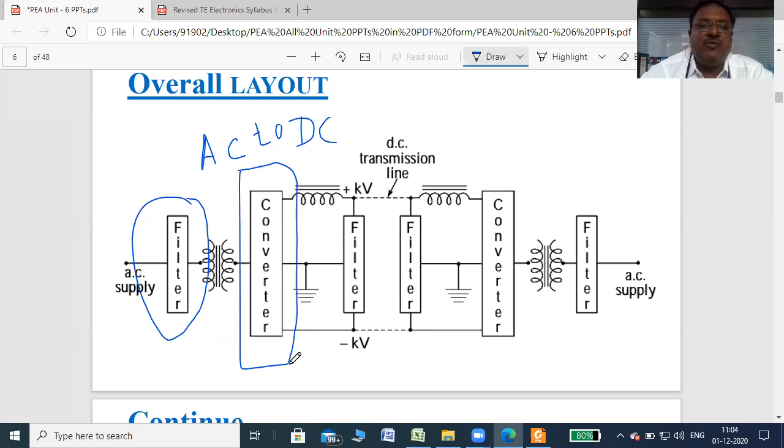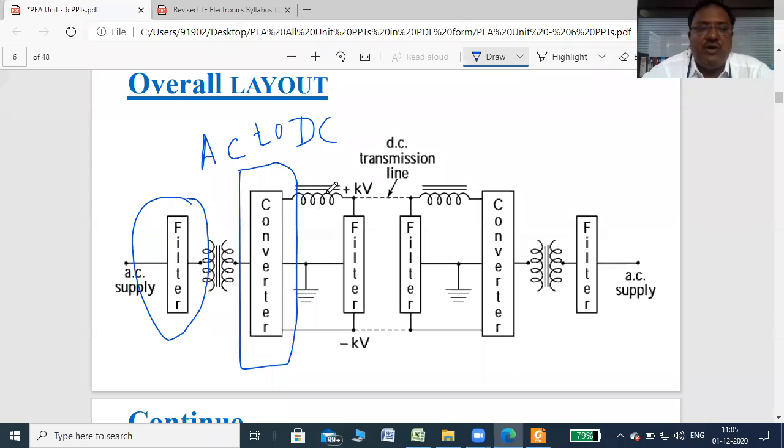Normally for low power transmission, this HVDC system is not used because the overall cost of HVDC transmission is high, and if you transmit low power, there is no use of HVDC transmission, it is a wastage of the total system, right? So normally the supply is three-phase AC, and the converter is also a three-phase converter which converts AC into DC.